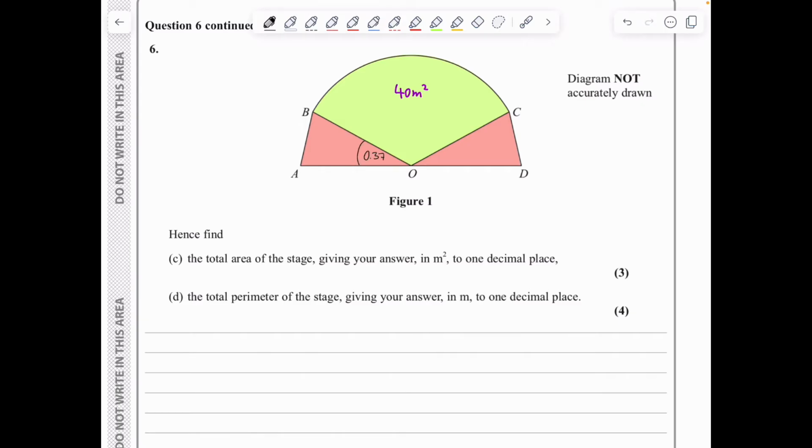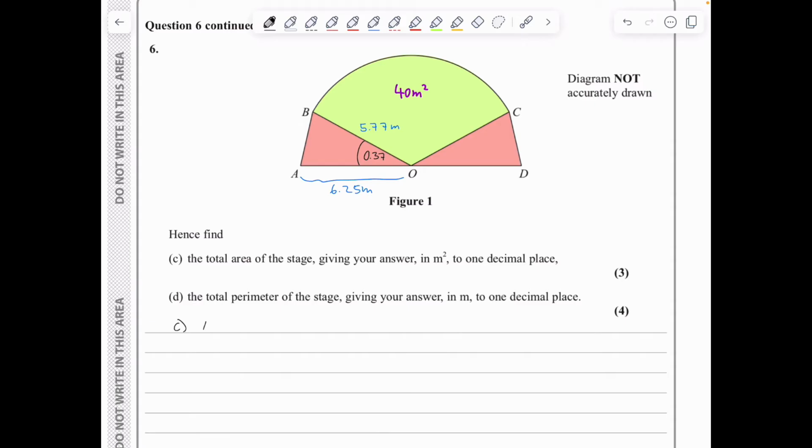We have already found that the radius is 5.77 meters. And we have been given that AD is 12.5 meters, which means that AO is 6.25 meters. So the idea is simply to find the area of triangle BAO, double it because OCD is a congruent triangle, and then add the 40.